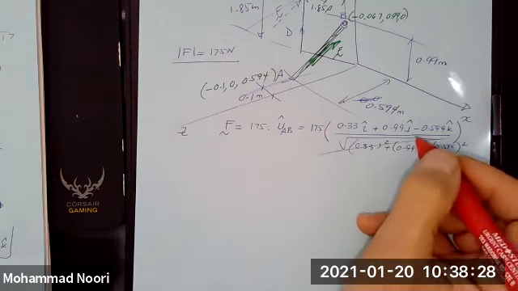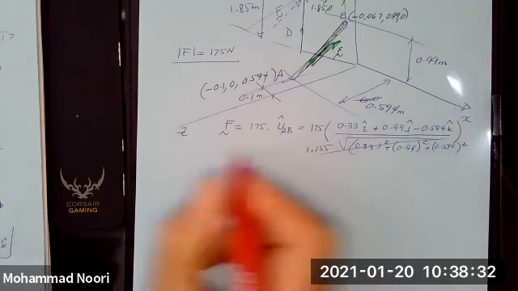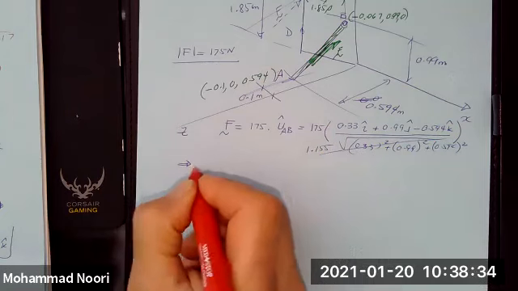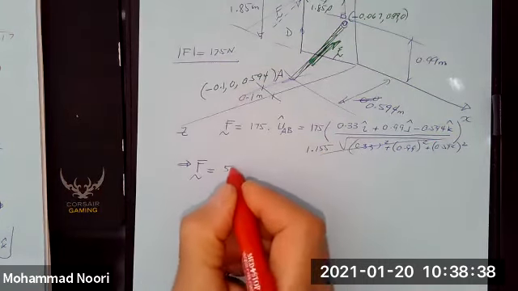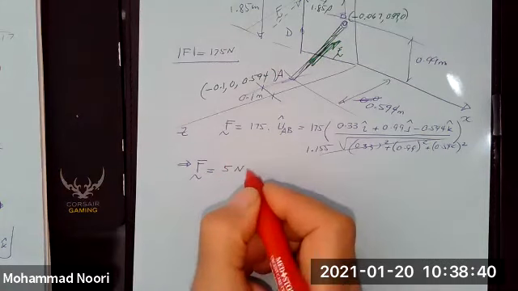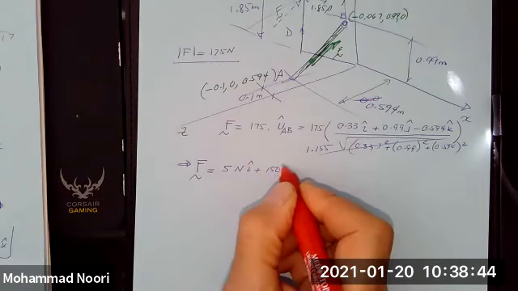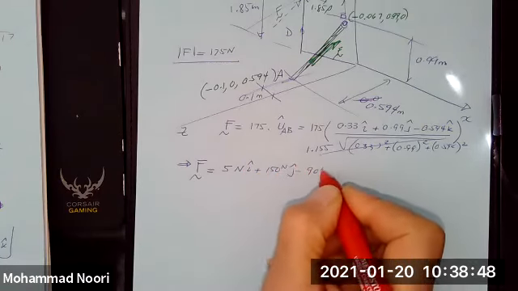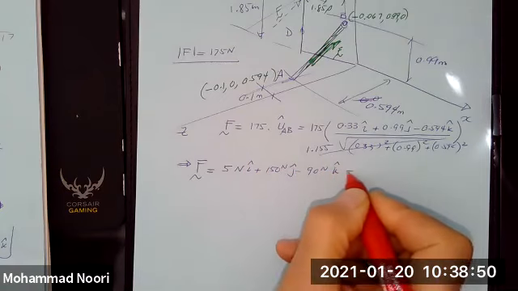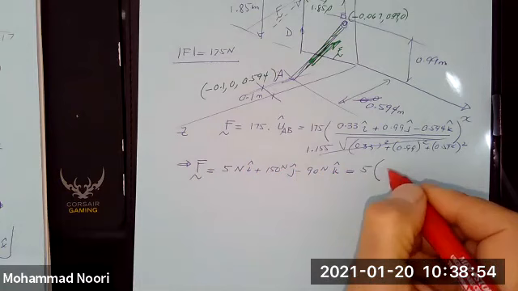That would be 1.155, and this gives me the force vector equation to be 5 Newton i plus 150 Newton j minus 90 Newton k, or I intentionally write it like this, okay?